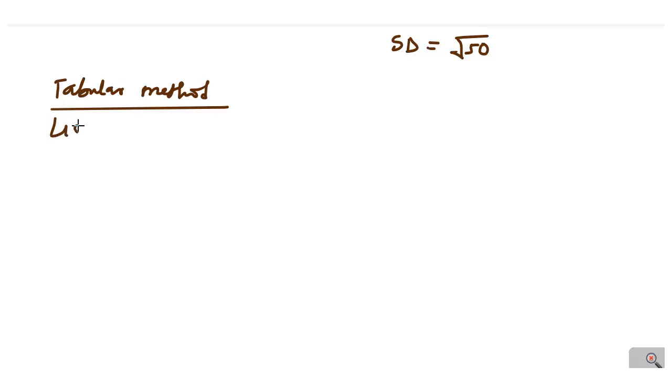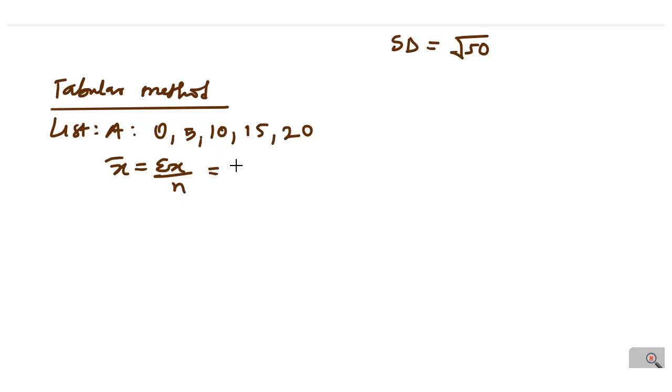So list A, these are the numbers in list A. We have 0, 5, 10, 15, 20. And in order not to waste time, we've gotten the mean. The mean, which is summation x over n, is 10.